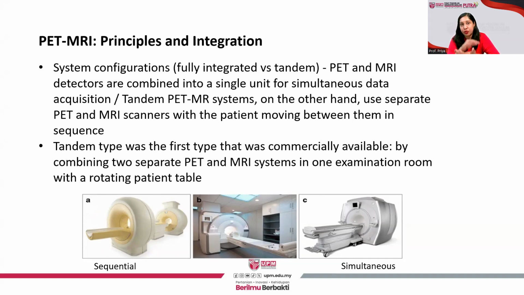For example, they do the PET and then the MR with the bed position moving, and then these images are fused. This tandem type was the first prototype of the commercially available hybrid PET-MR scanners, where two systems were available in one room but put at least 3.5 meters apart.